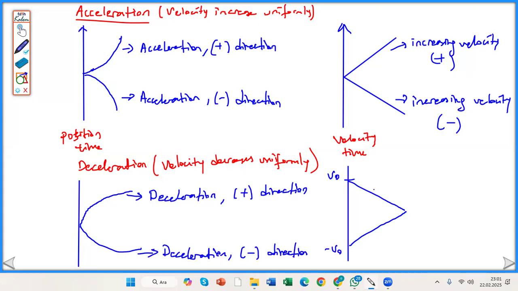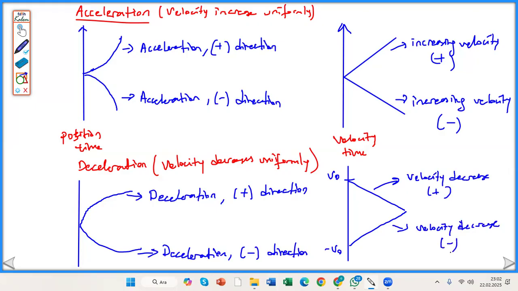So once again, we can say deceleration, positive direction: velocity decreases, and direction is positive. Velocity decreases, and direction is negative.